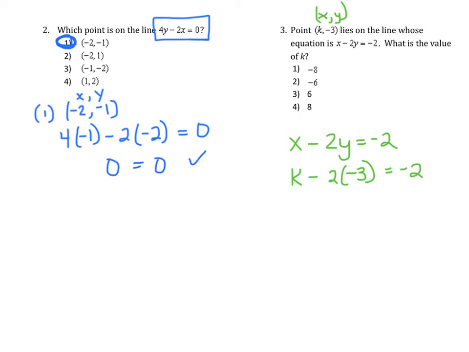So I want to take my negative 2 times negative 3, which hopefully we agree is a positive 6. So k plus 6 equals negative 2. And then I'm going to solve for k by subtracting 6 from both sides. So k is equal to negative 8. And so I can see that choice 1 is the right answer for that question.